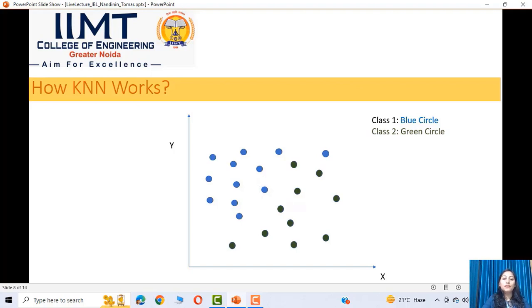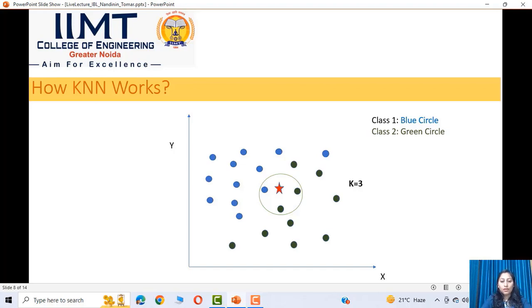Now we'll consider another scenario where we have taken k equals 3. It means that now we have to consider 3 nearest neighbors of our given query instance. In this case, the 3 neighbors are defined by the given circle.